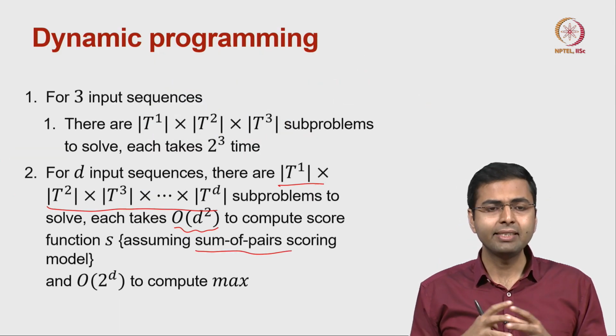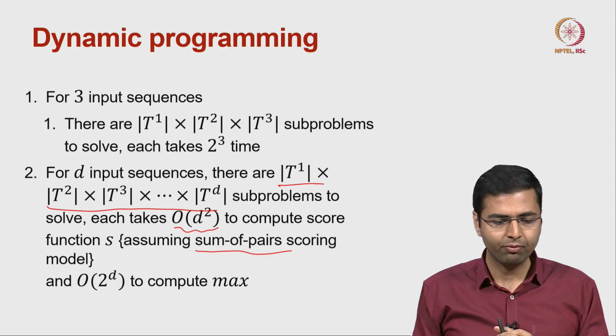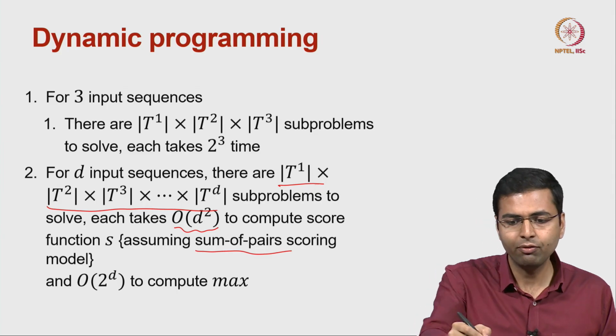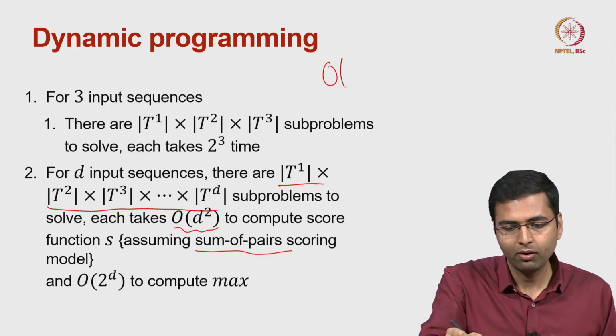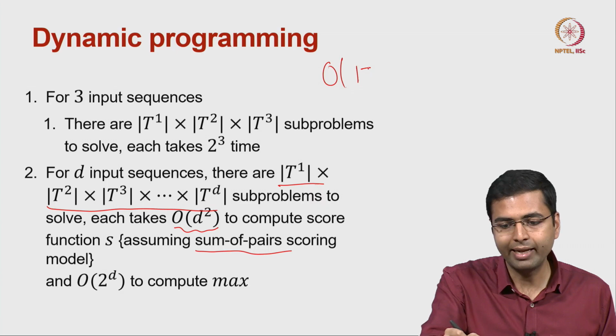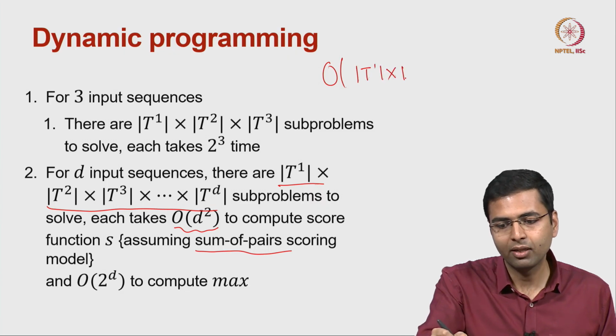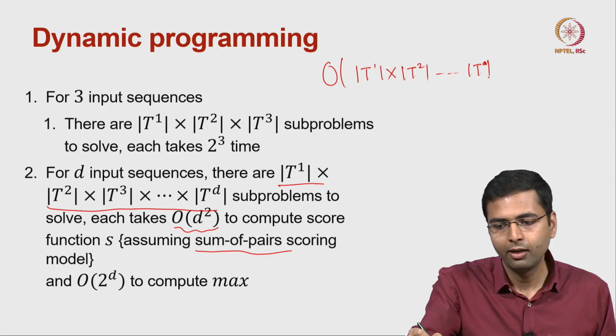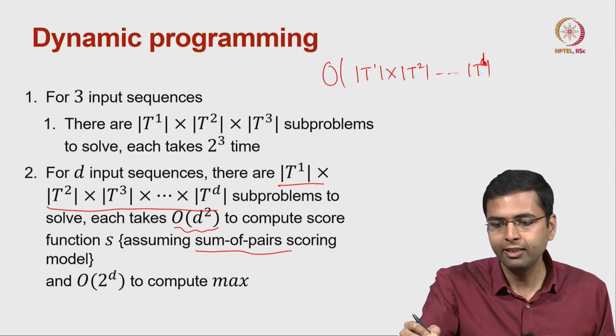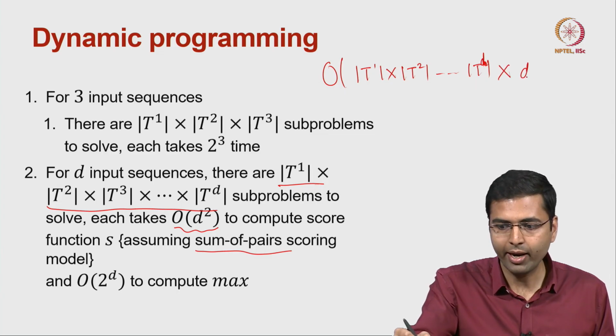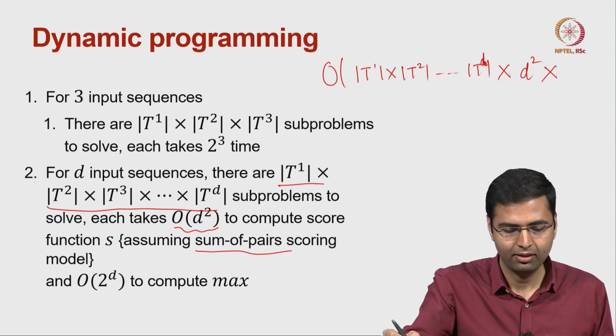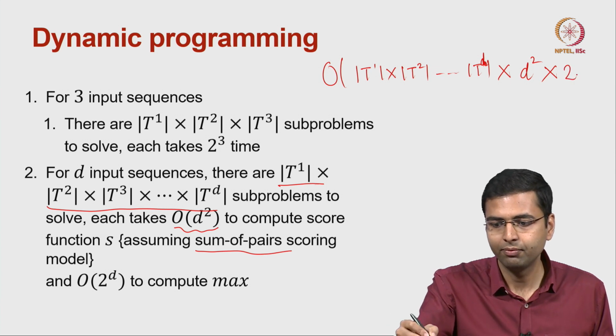So considering this algorithm, basically the runtime of this algorithm will be the sequence lengths, that is the number of problems that we are solving. Sorry, this is wrong, so let me correct this.